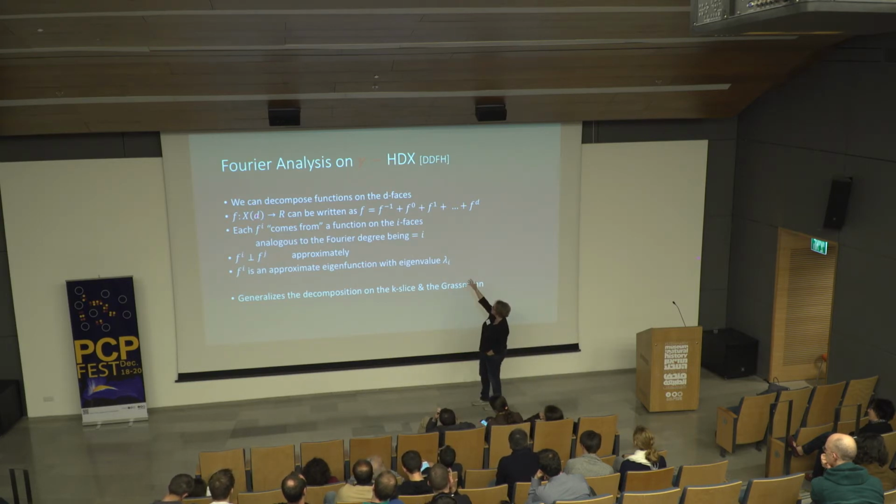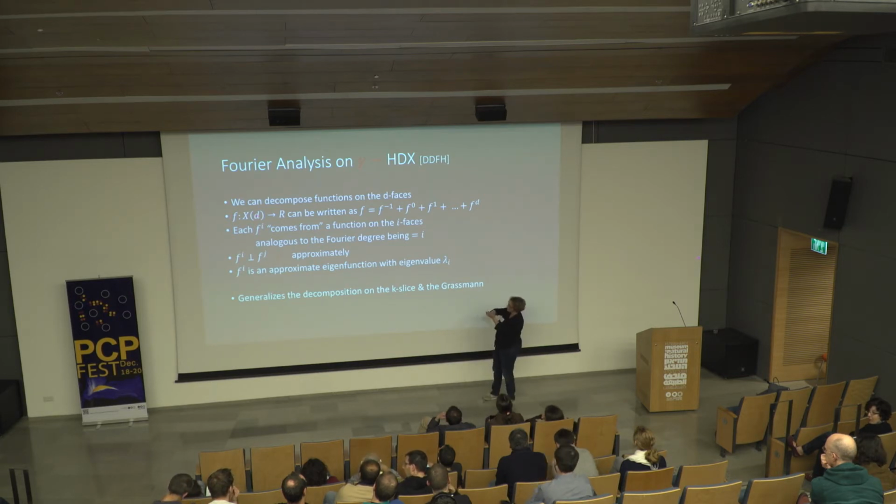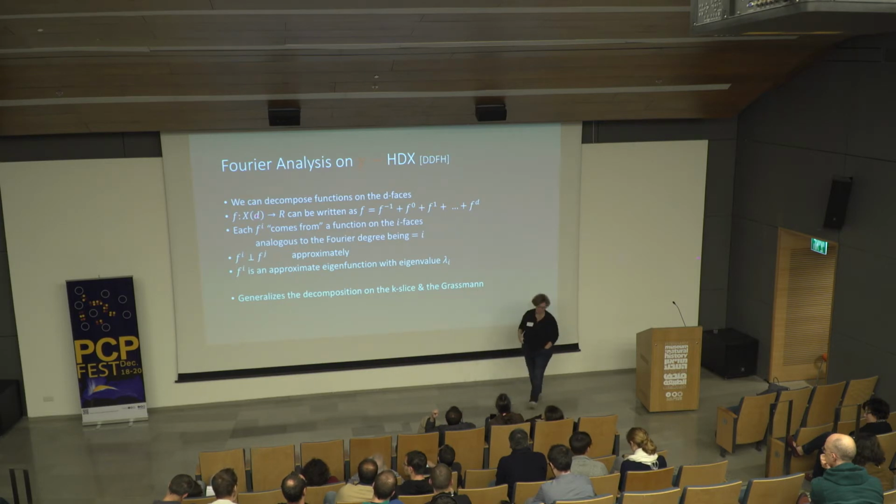For example, this almost orthogonality is only true when the upper walks and the lower walks coincide. This is what we know how to prove. But maybe this decomposition holds also in other cases that are not high-dimensional expanders. This we don't know. There's a lot we don't know, or at least I don't know.